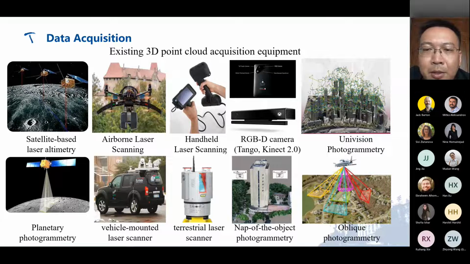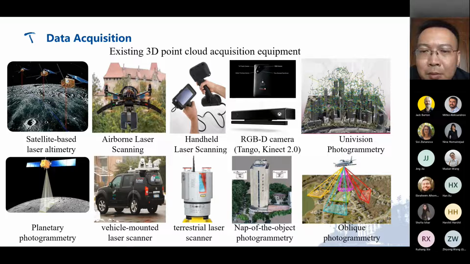And in China, we call the optical photogrammetry is very popular for the urban modeling. Because using the optical photogrammetry, we can acquire the information and also the facade for the building, which is very important for the details reconstruction of the building models.